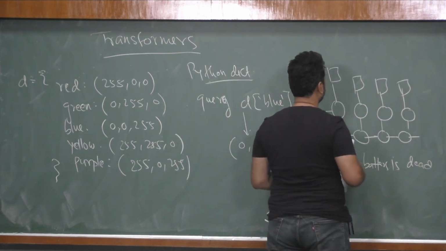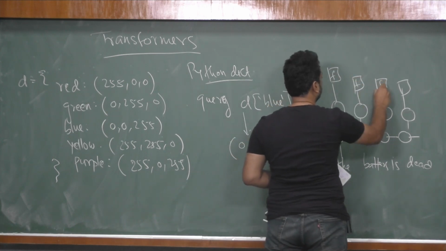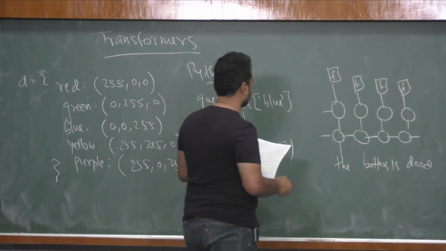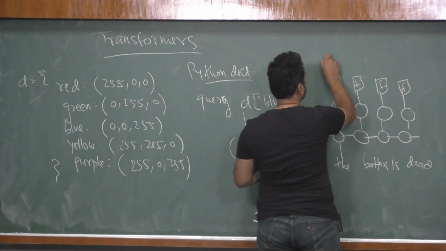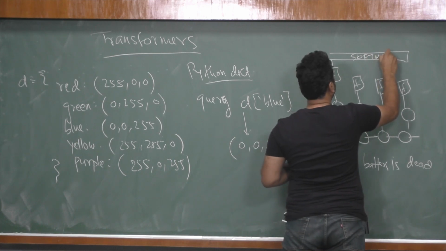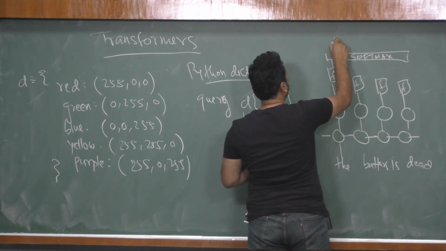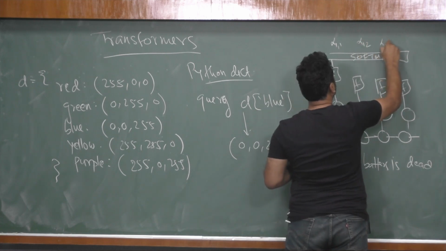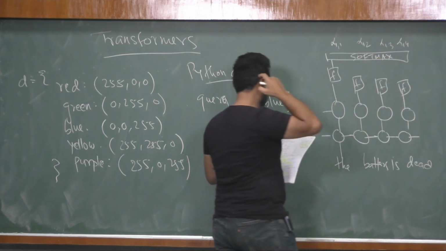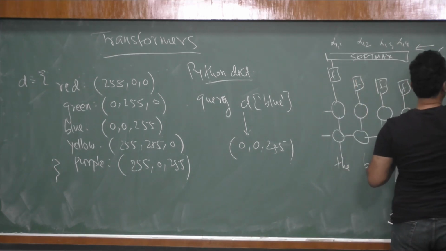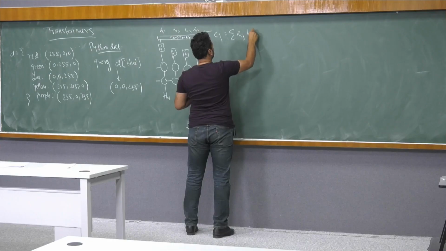Okay, so you recall that we calculated these f values, which was later used in the softmax to calculate the attention weights, which were alpha 11, alpha 12, alpha 13, alpha 14, and later from here we use this to create a context vector, the sum of alpha ij hi.